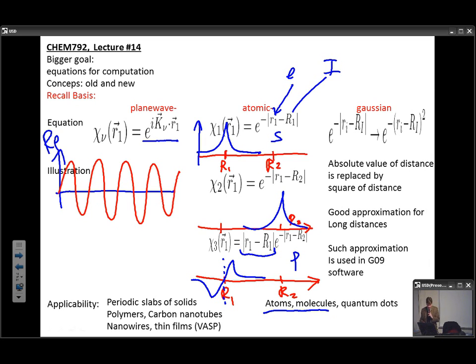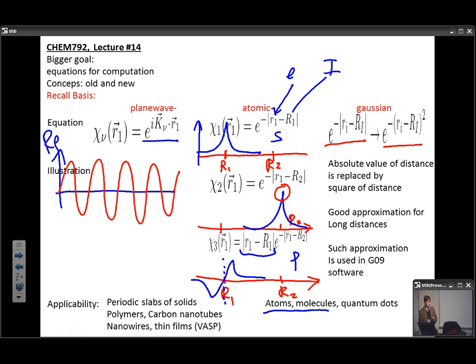So, a little technical detail, how the Gaussian software is written. What is the oversimplified basic idea behind it? Numerically, those functions do have a sharp cusp. So it is not a good thing. There is no derivative at this point. So one uses a trick. One replaces the exponential of the absolute value of the difference in distance with a Gaussian decaying function, so the square of the difference in distance.